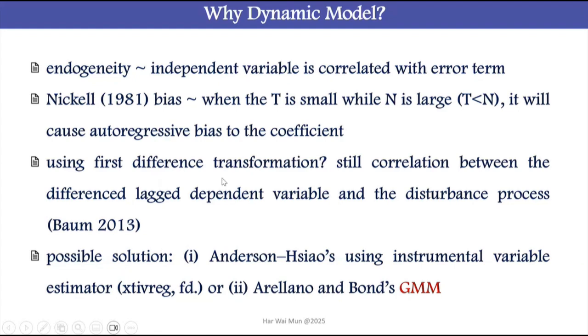So the possible solution, right? Even the first difference transformation cannot completely solve this problem. So your possible solution is the Anderson-Hsiao instrumental variable. You use an instrumental variable. XTIV means instrumental regression: XT means panel, IV means instrumental variable regression.